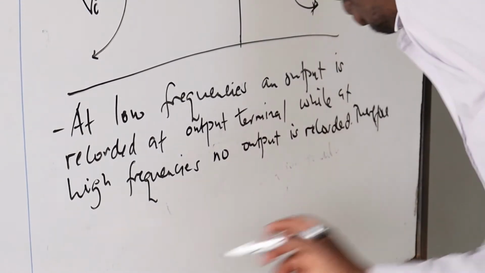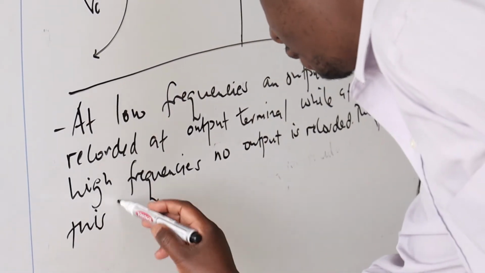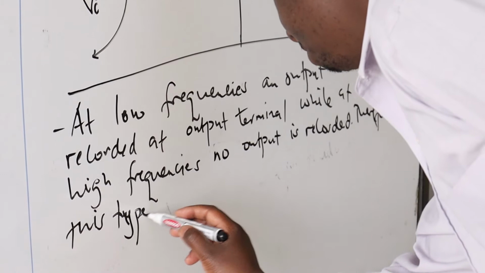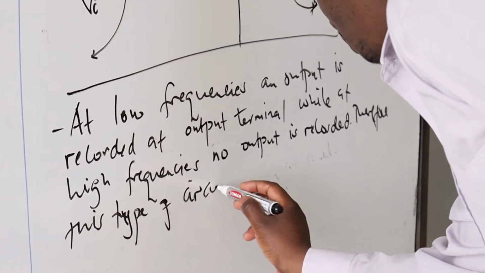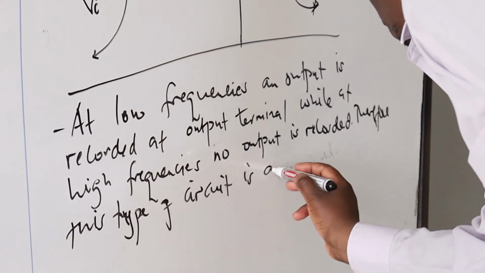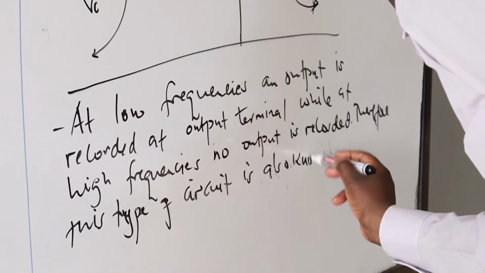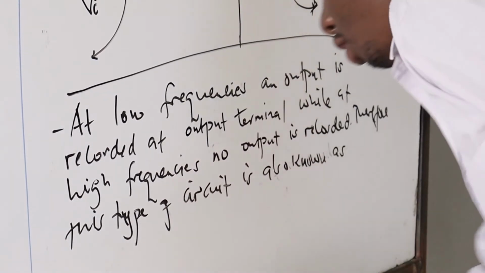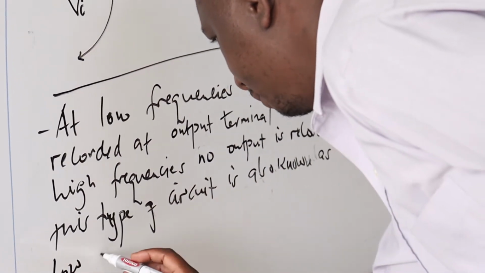Therefore, this type of circuit is also known as a low-pass filter.